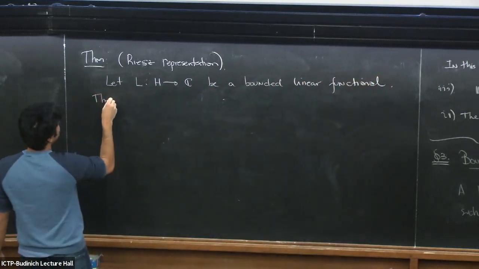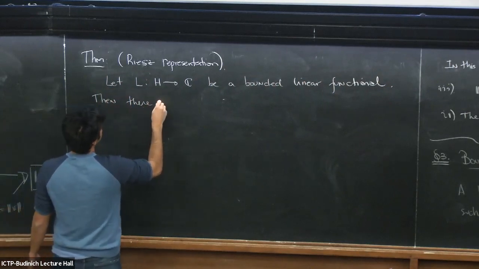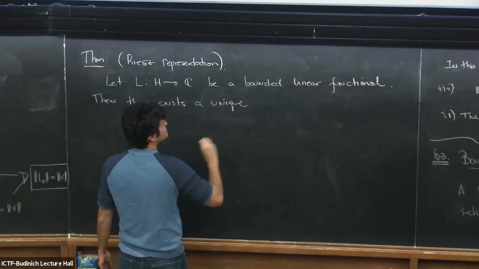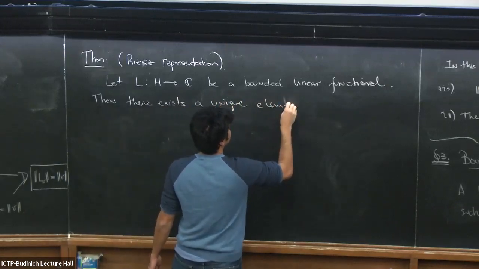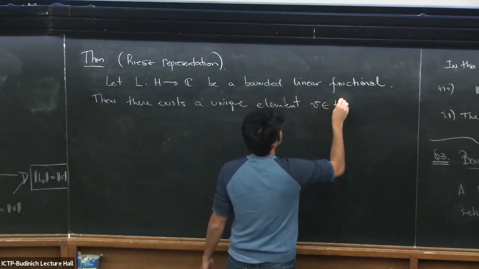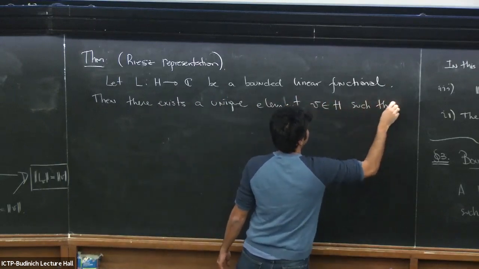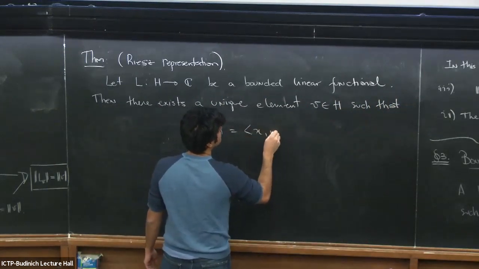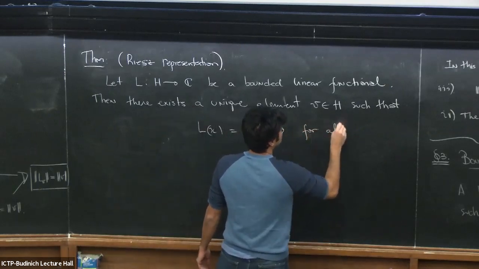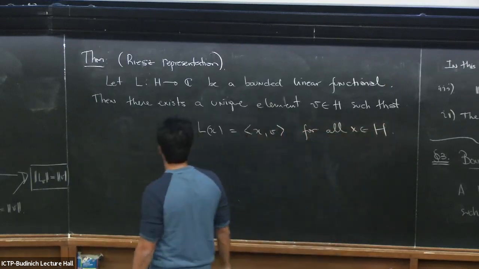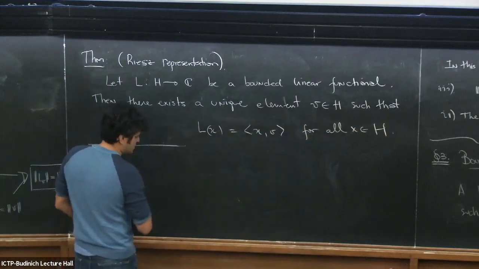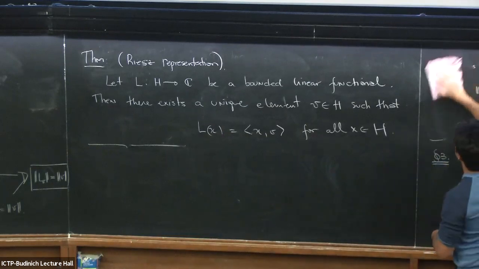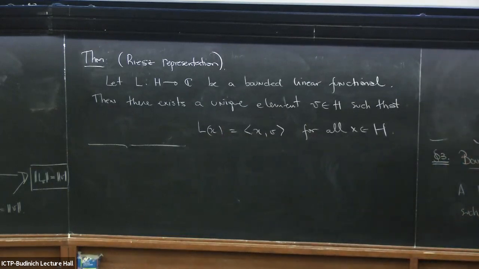Then there exists a unique element V in your Hilbert space such that L of X is equal to X scalar V for all X in H. Okay. A bounded linear functional in a Hilbert space is always the inner product with an element of the space. Take this theorem from the class today.